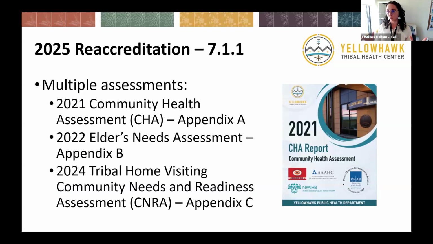It was just one portion of that assessment. But that assessment was done in collaboration with multiple organizations here at the tribe. We did it with our tribal housing department, our Department of Child and Family Services, our Planning and Public Works Department, our Behavioral Health Department, our medical department. It was a multi-departmental and organizational collaborative effort to do that community health assessment.